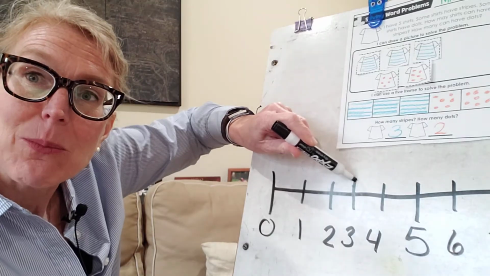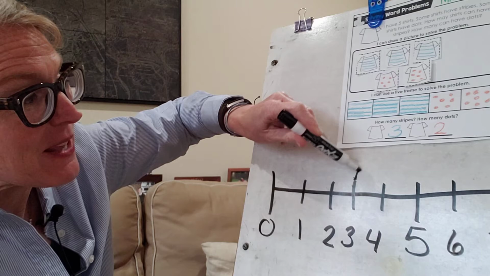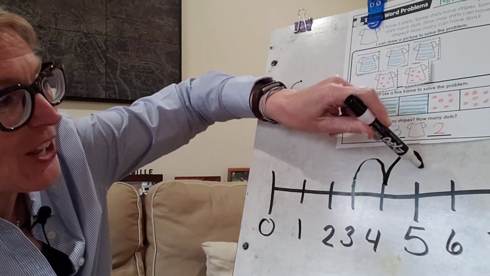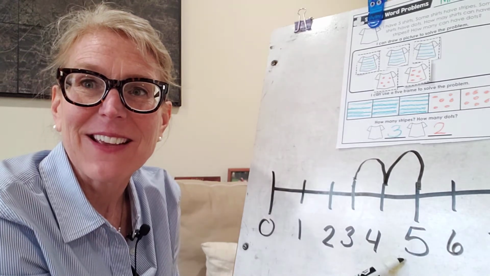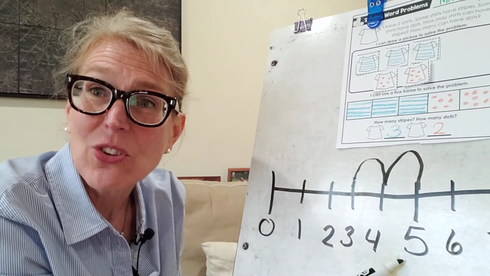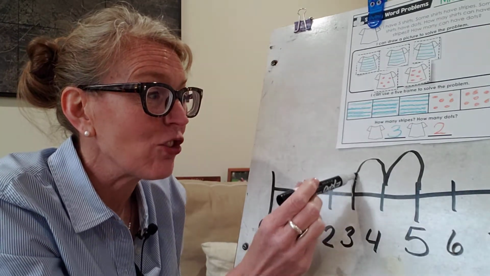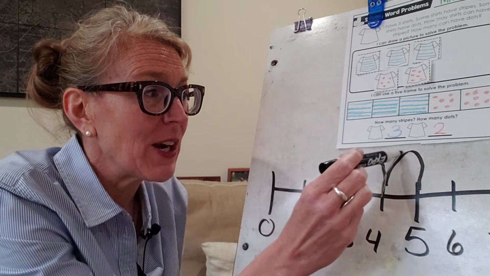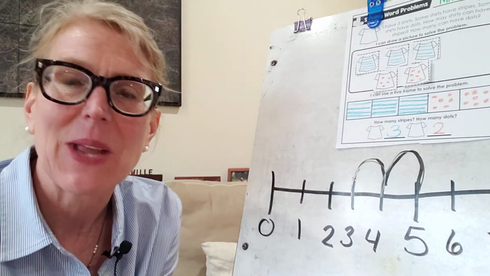So how many hops do I need to make on my number line? 2. Very good. Let's make them. 1, 2. What number did I land on? I landed on my 5. I have 5 shirts in all. I started with 3 and added 2 more, so that's 4, 5, and there I land on 5, okay?